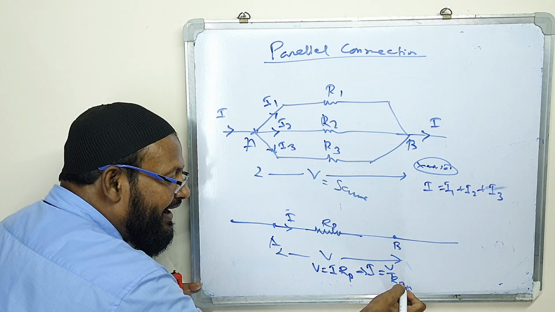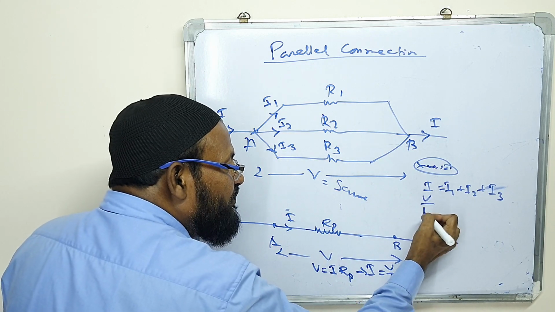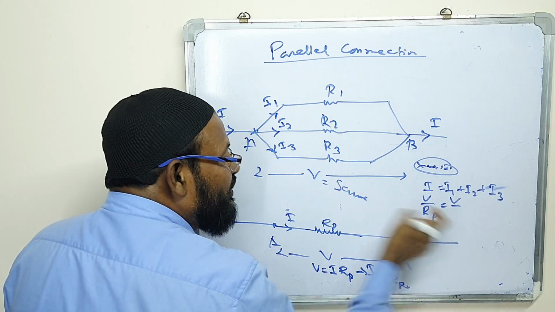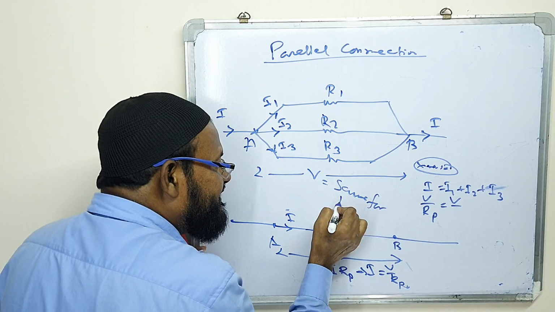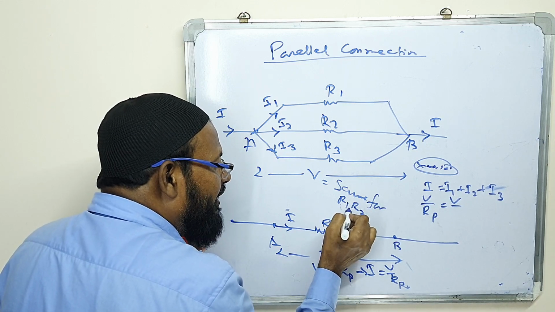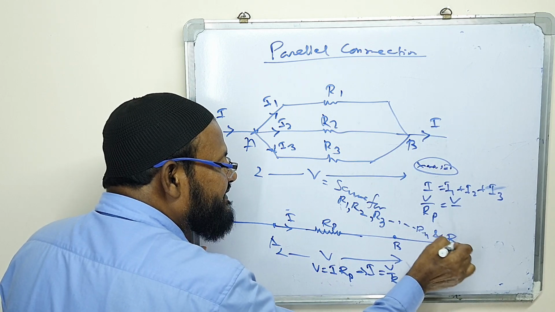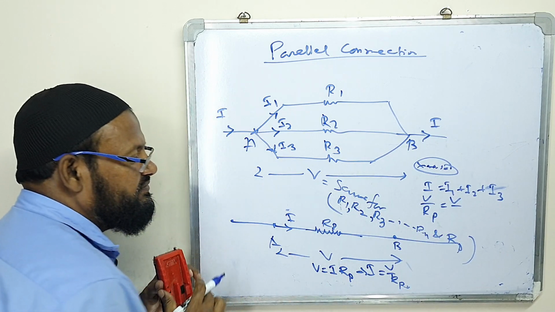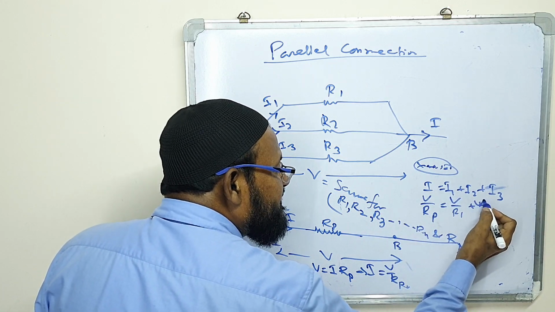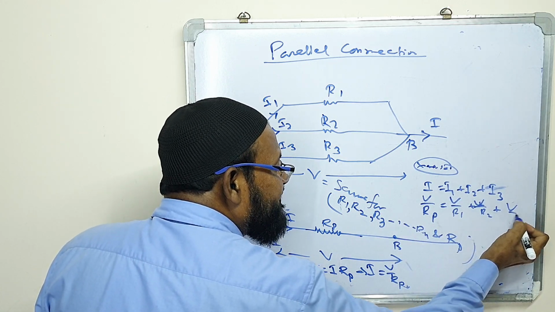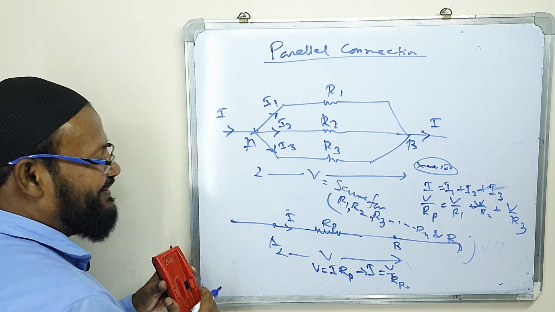Sir, I equals V by Rp. Similarly here, I am writing: this is equal to V by Rp, and V is the same for R1, R2, R3, dot dot Rn, and Rp. This is very, very important. This is V by R1, this is V by R2, and this is V by R3. Okay? Can you tell me what is the formula?